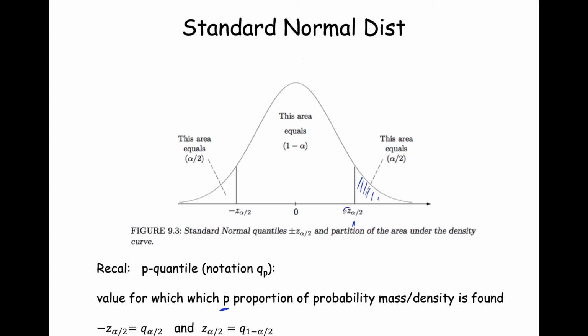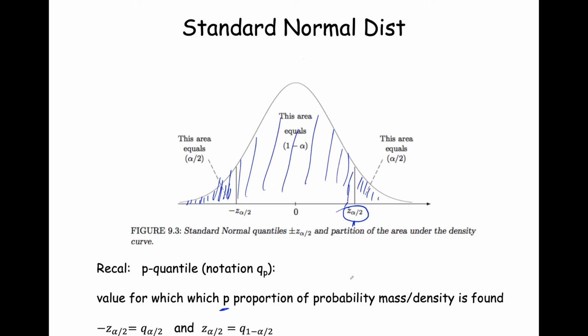And so this other z value on the upper side, that z sub alpha over 2, the positive z value, that's just the 1 minus alpha over 2 quantile. And so here we have the alpha over 2 quantile. It's that value that represents alpha over 2 proportion of the probability mass. And then here, this other z value represents 1 minus alpha over 2 of the probability mass, that entire area under the curve from minus infinity up to that z alpha over 2 value.